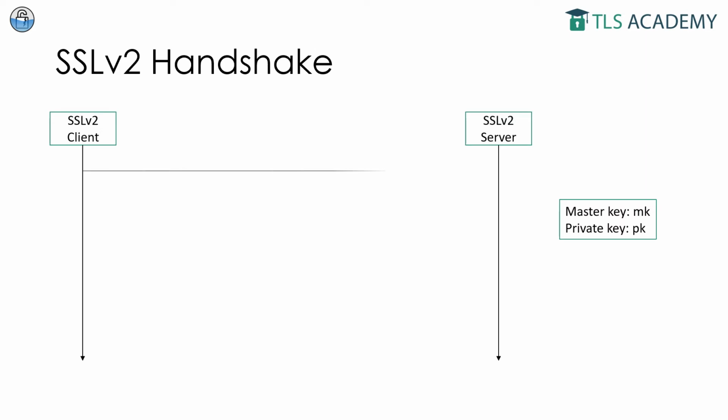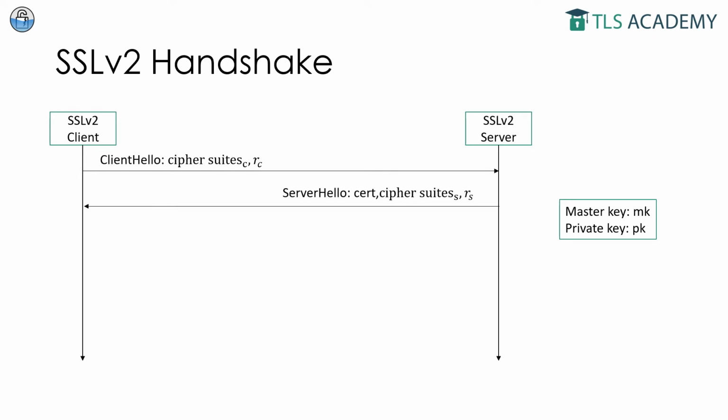A client initiates an SSL version 2 handshake by sending a client hello message, which includes a list of cipher suites CSC supported by the client, and a client nonce RC, termed challenge. The server responds with a server hello message, which contains a list of cipher suites CSS supported by the server, the server certificate, and the server nonce RS, termed connection ID.